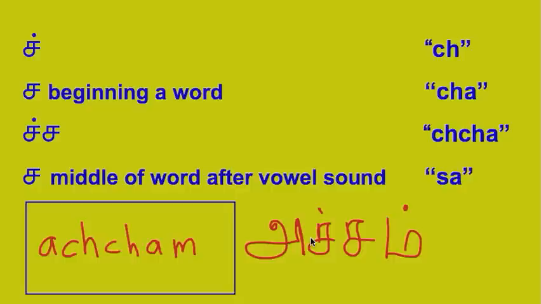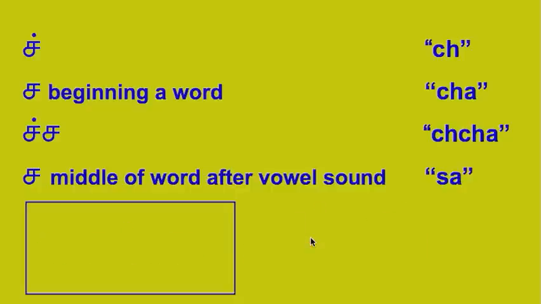And then one more word, chamar, chamar, or samar, samar. Alright, so the first letter, because I pronounced it two different ways, kind of gives it away, but we'll say it again. Chamar or samar.